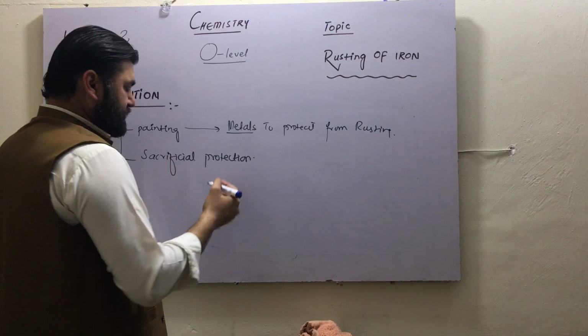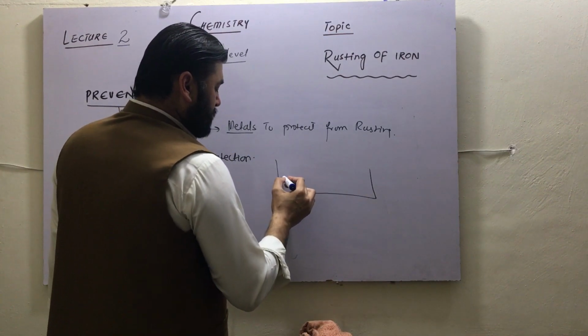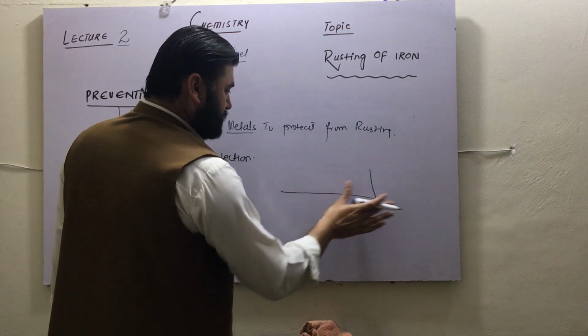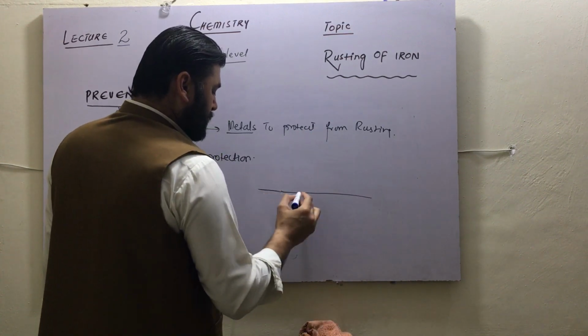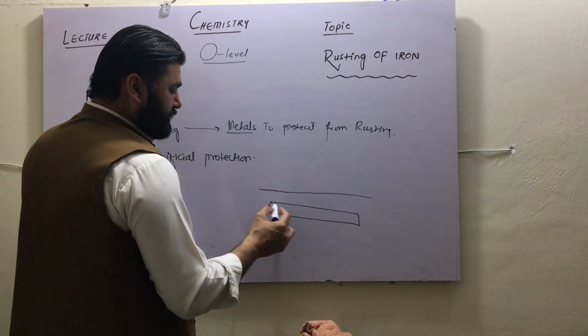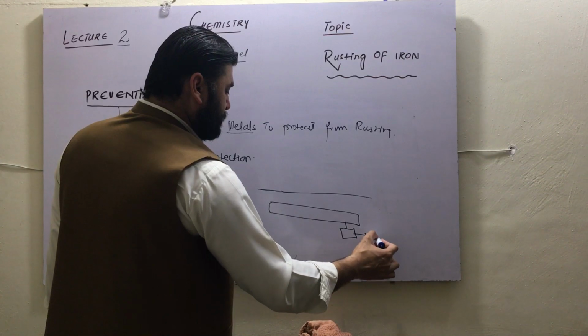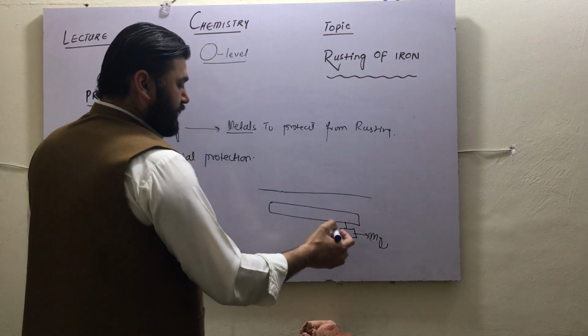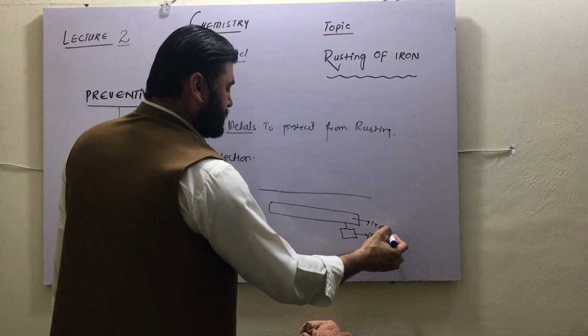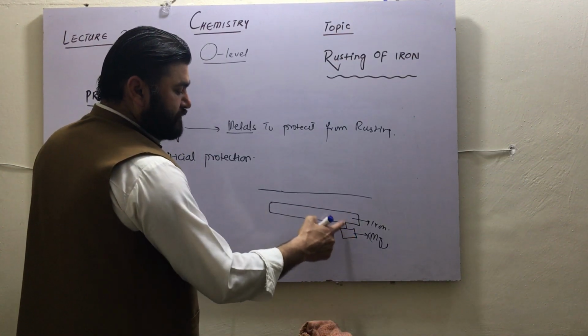And what is sacrificial protection? Suppose this is the ground, and here iron pipes are underground. We attach one block of magnesium with the iron.